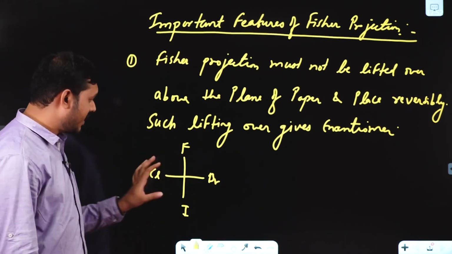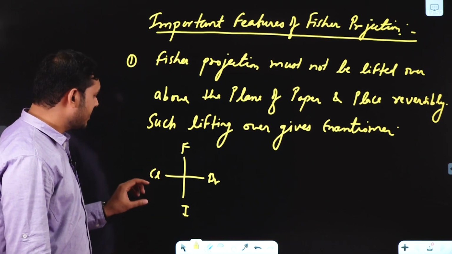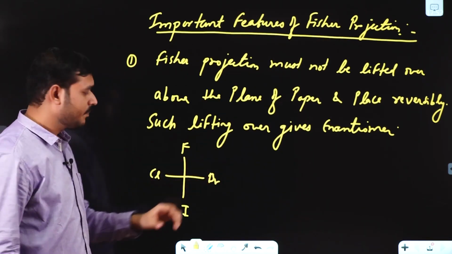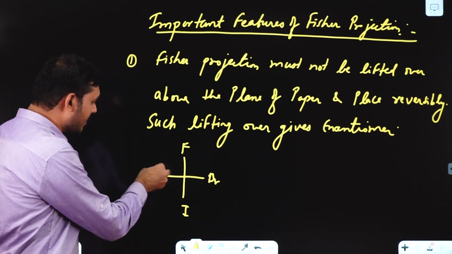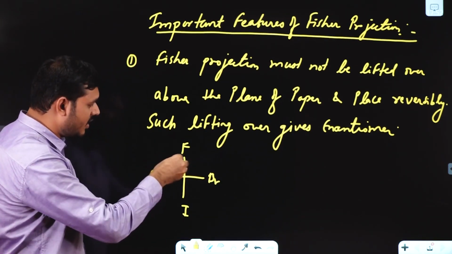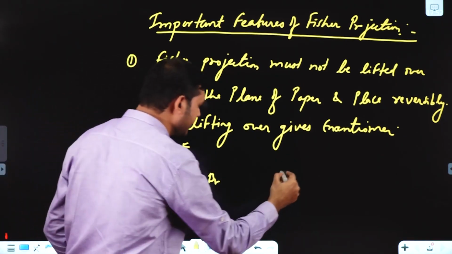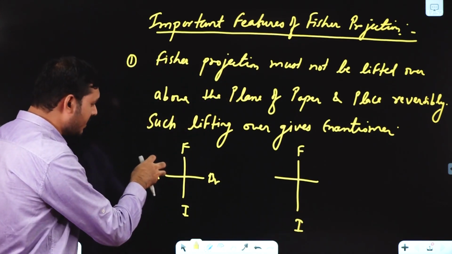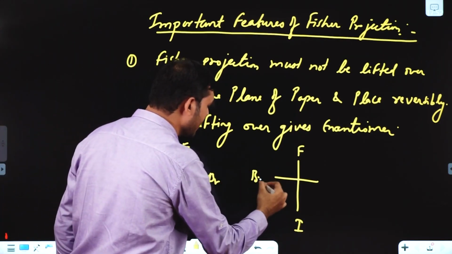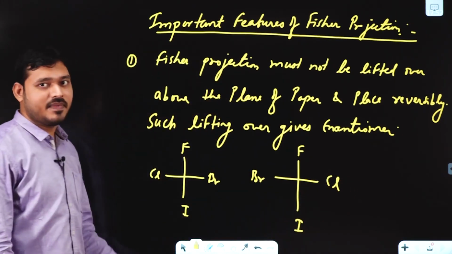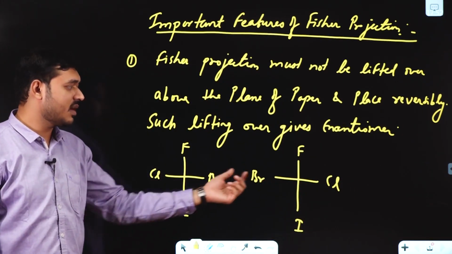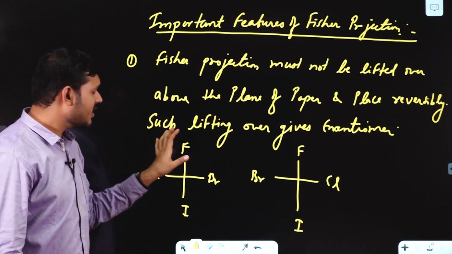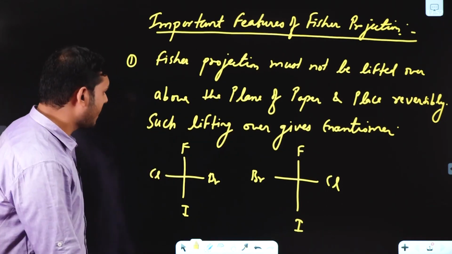If you lift this and turn over, suppose I am catching this fluorine part to be lifted and turned over, what you will get? This part and this part will be same, but bromine will come here and chlorine will come here. If you observe these two, they are mirror images of each other, means they are enantiomers. Such lifting over gives enantiomer when turned.